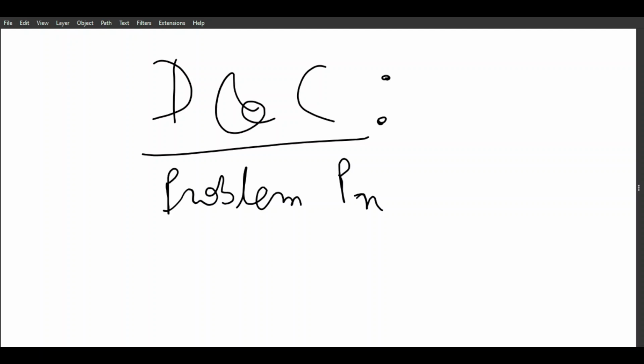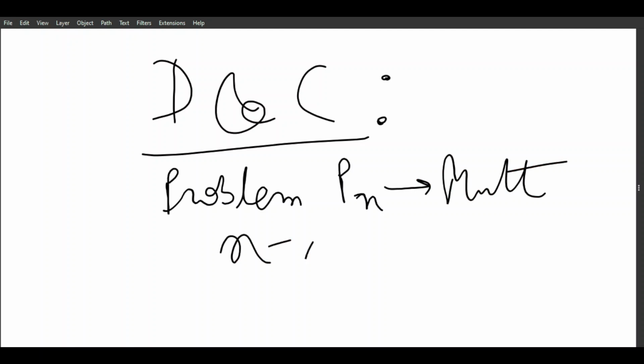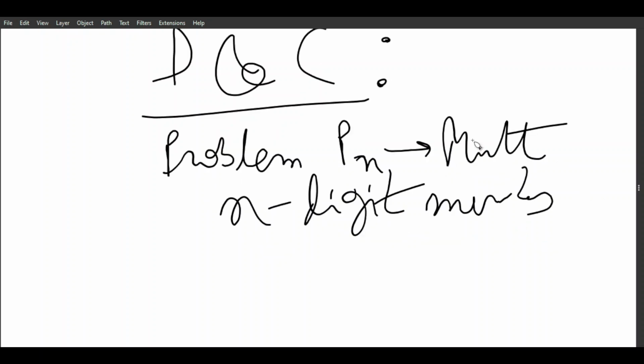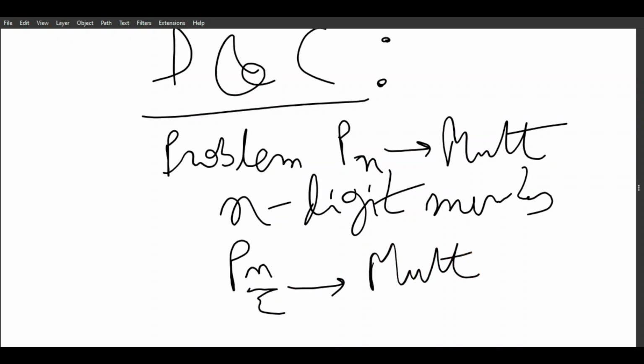So here we have to multiply n digit numbers. So we have to break this into small problems. So this will break into half of the size, parameter n by 2. So multiply the numbers of size n by 2 digits.